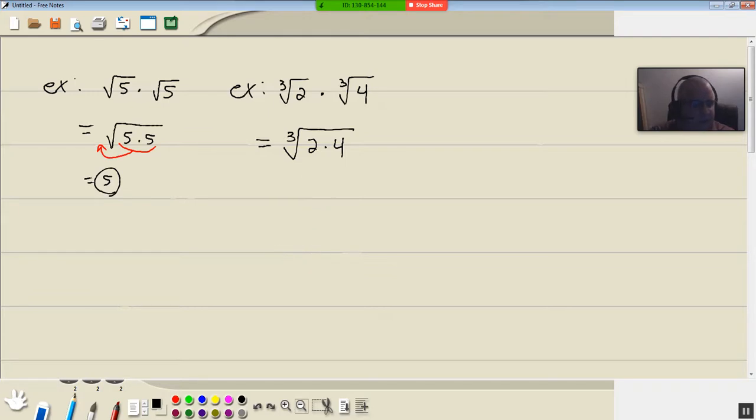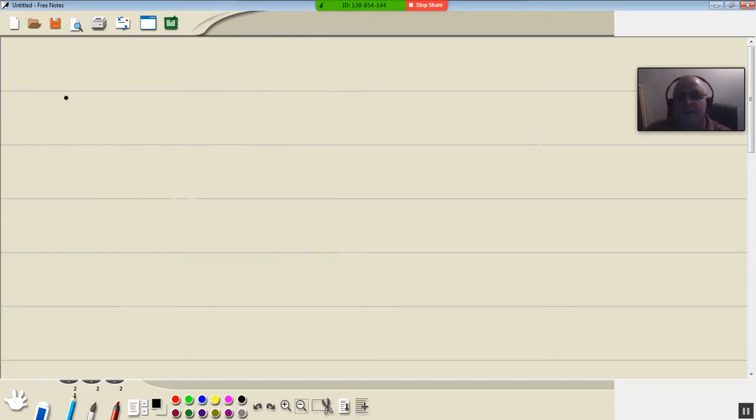Let me clear that off. You could use some of the other techniques we just looked at. Notice we have a single radical in front, and here we have 2 radical expressions. The reason I say 2 is because they're separated by pluses and minuses. Well, this is a distributive property.